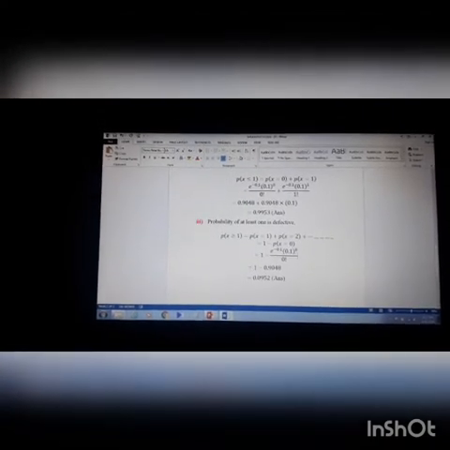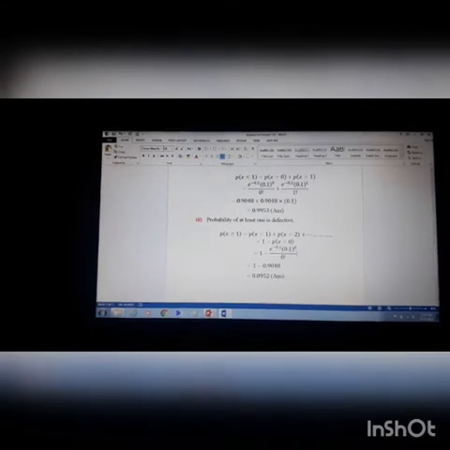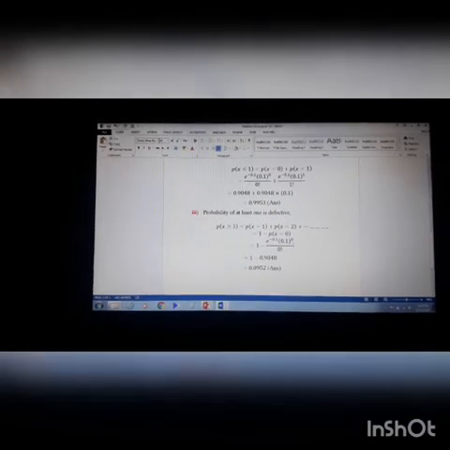Now 1 minus probability of x equal to 0 means 1 minus e to the power minus 0.1 into 0.1 whole to the power 0 divided by 0 factorial, that is 1 minus 0.9048, and the difference is 0.0952, which is the required probability of at least one item being defective.